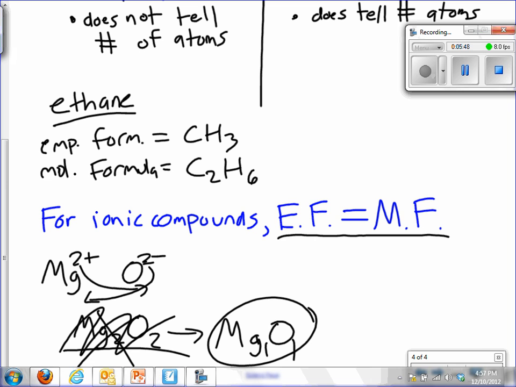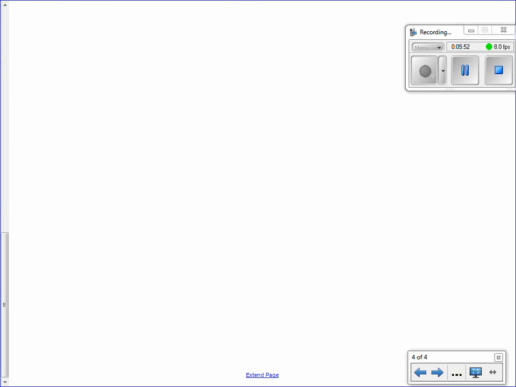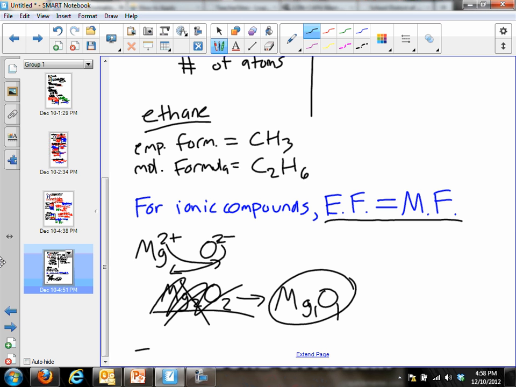Okay, continuing on, we're going to talk about how to actually calculate this empirical formula. So let's say you are a scientist working in a science lab, and you have a sample. You run it through some tests, and it tells you that it's... Let me think of a good example for you guys to use.